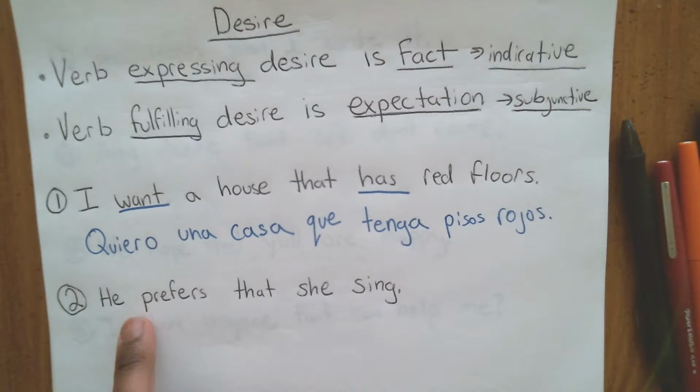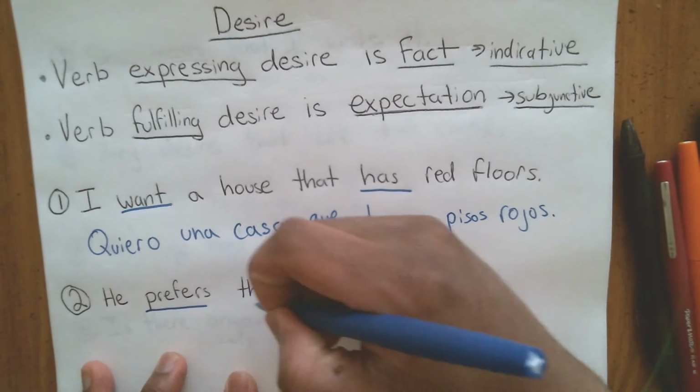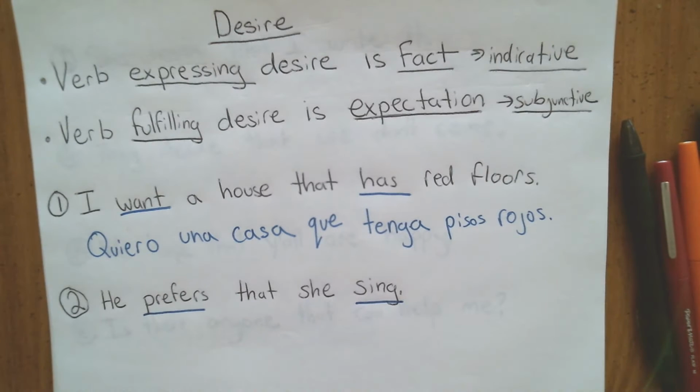How about this one? He prefers that she sing. Now this one is actually very interesting because, again, we have 2 verbs, prefers and sings. Now, his preference, that is a verb that is expressing desire. When you say I want or I prefer or I desire, or I hope for, or I wish that.